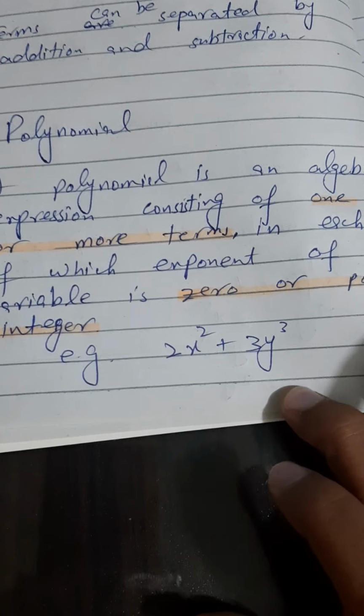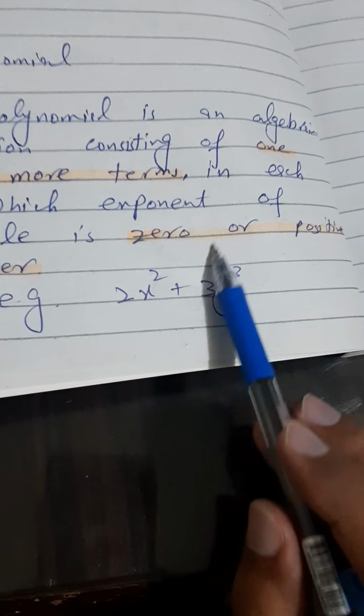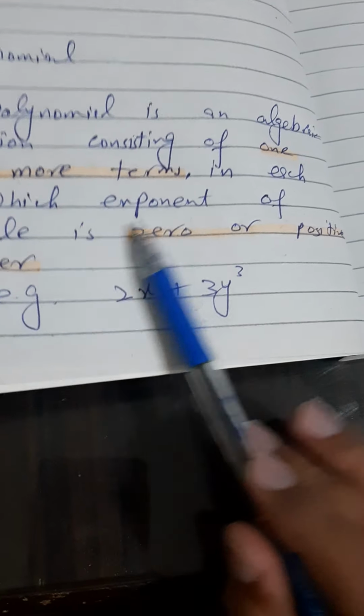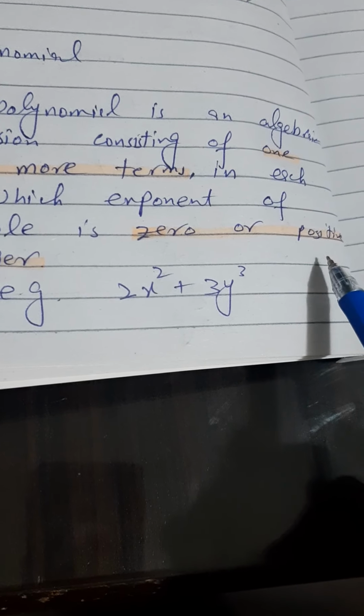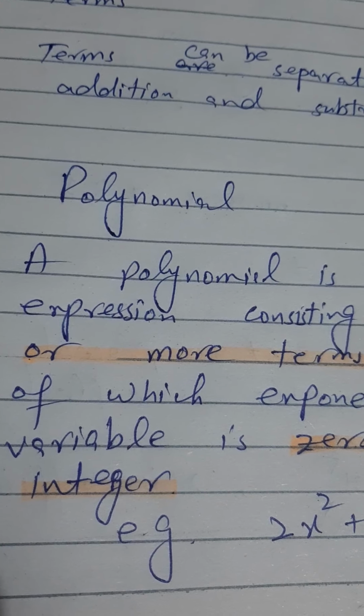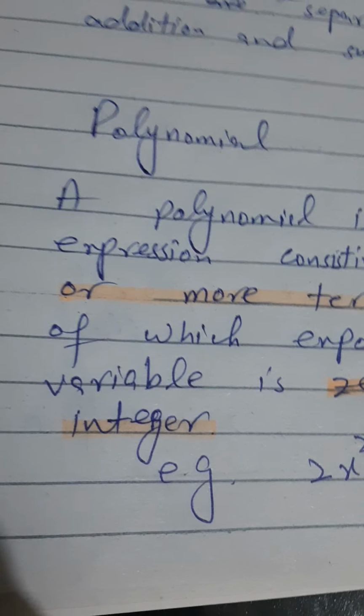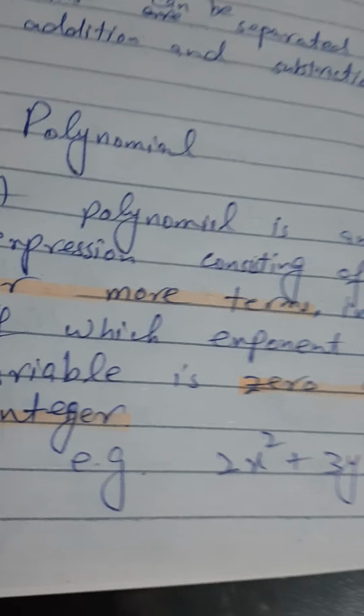There may be different number of terms. And second condition, exponent of variable should be 0 or positive integer. I have given example 2x square plus 3y cube.